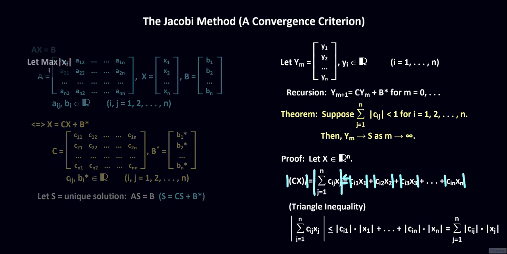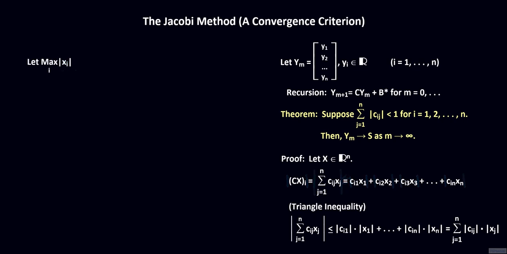We denote the maximum absolute value of all the components of the vector x by this notation. This quantity is called the infinity norm or the max norm of the vector x. We'll refer to it in this lecture plainly as the norm of x.